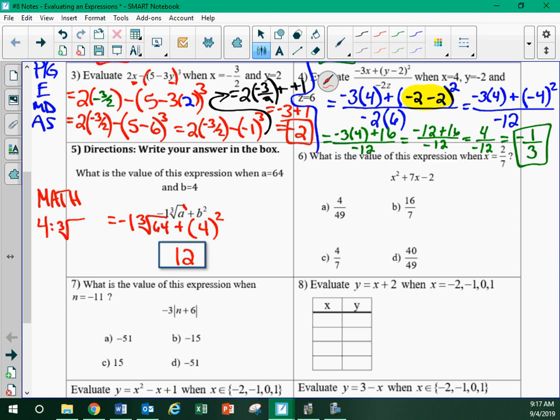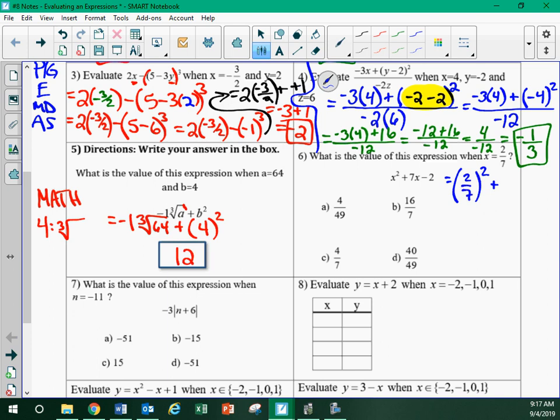All right, number 6. Do we have any questions with number 5? Okay, number 6. What is the value of this expression when x equals 2/7? They gave us a fraction. That's okay. We will use parentheses to help save us. All right, so notice it's x squared. So I'm going to put in parentheses squared, and our x is 2/7.